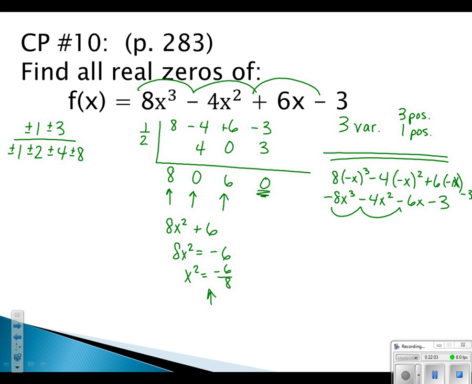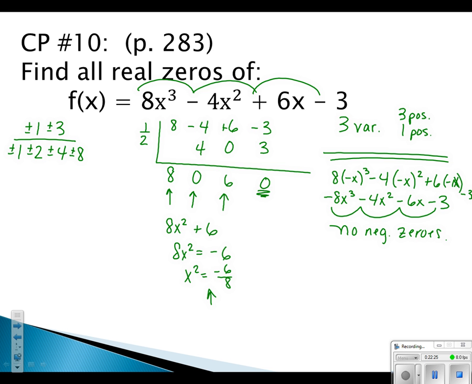Notice, no variations of sign in f of negative x. There are no negative zeros. So technically I hadn't needed to check negative 1 and negative 3, because Descartes' rule told me there wouldn't be any negative zeros to be found anyway.